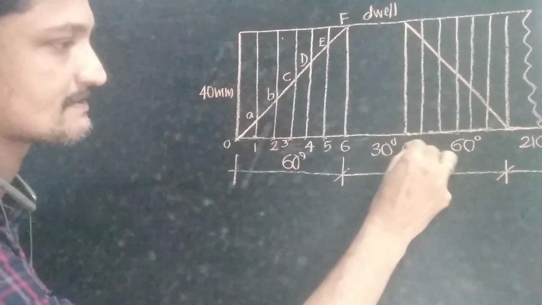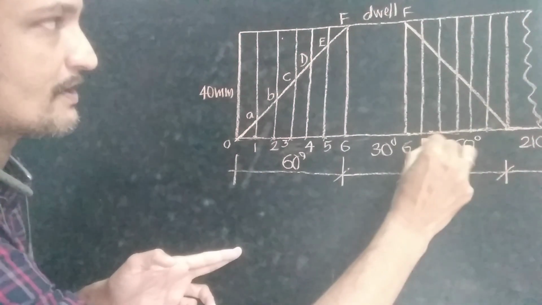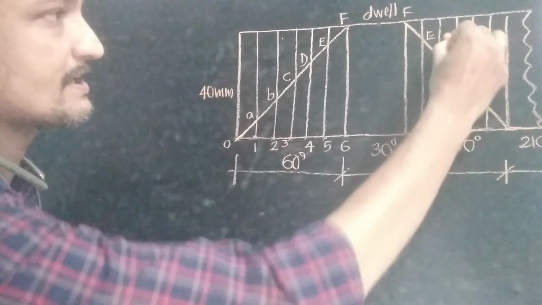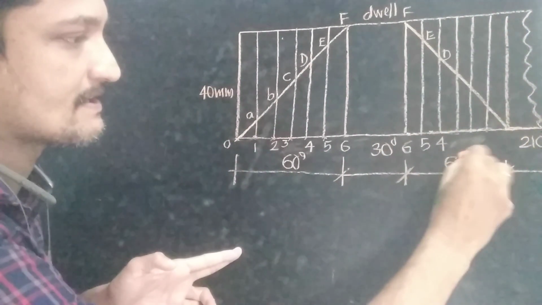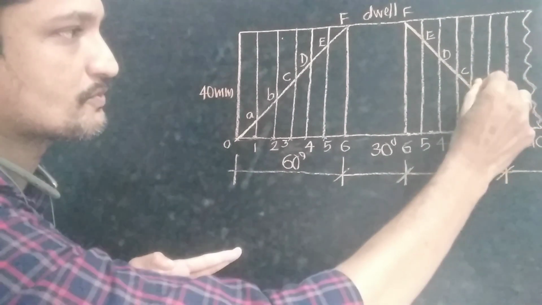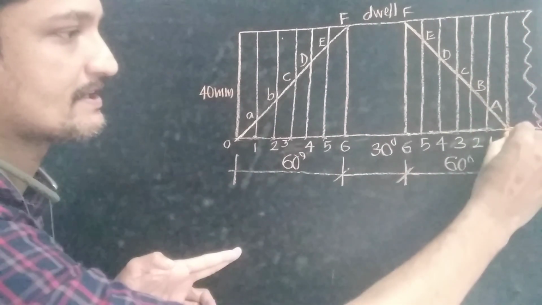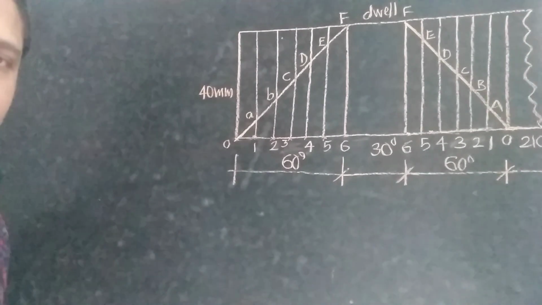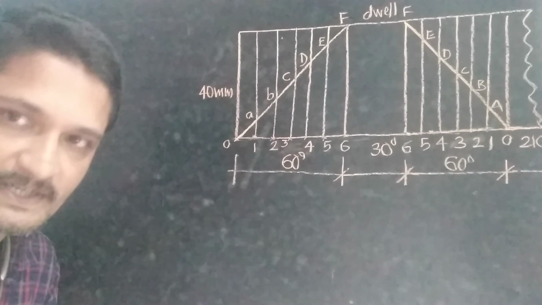Then we get this height 6f, again 5e, then 4d, then 3c, 2b, then 1a, and finally the cam returns to its original position. And this is the displacement diagram.